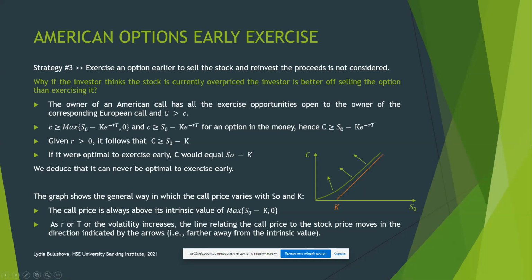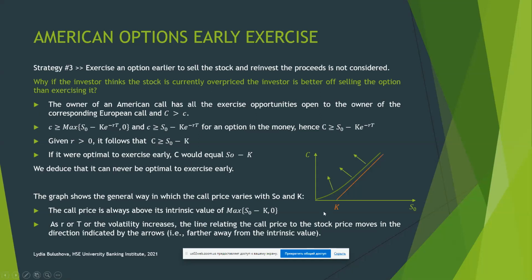If it were optimal to exercise early, the price would be just equal to the difference, right? But we don't have an equality. We have an inequality.